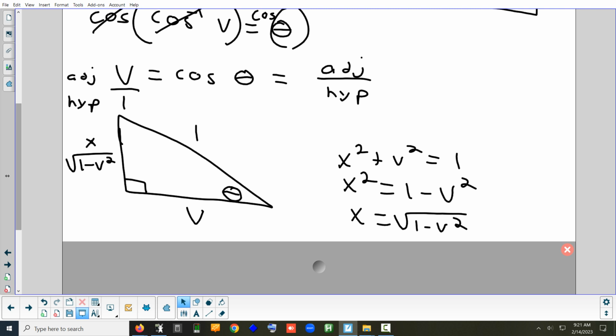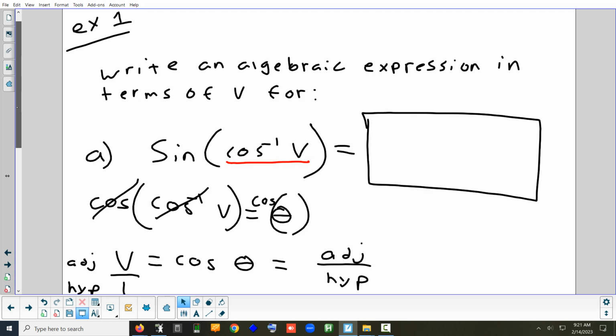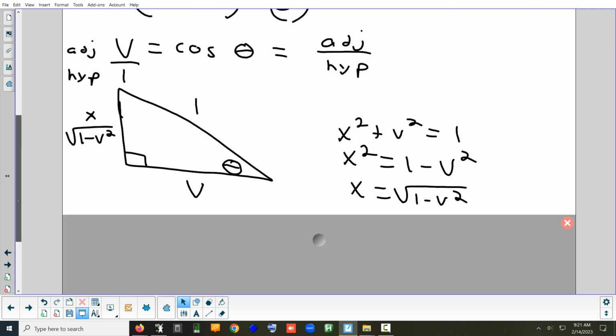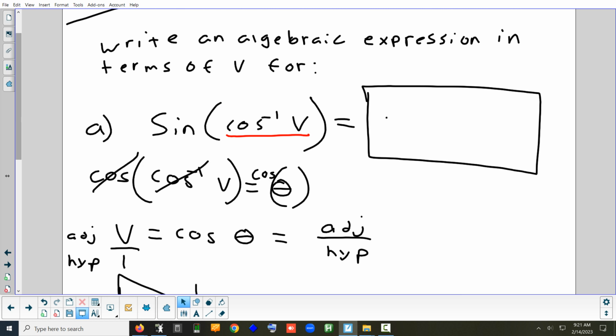And what's the hypotenuse? 1. So the answer to this question is the sine of what I just drew. It's the square root of 1 minus v squared divided by 1. And that's the answer. This whole thing equals this.